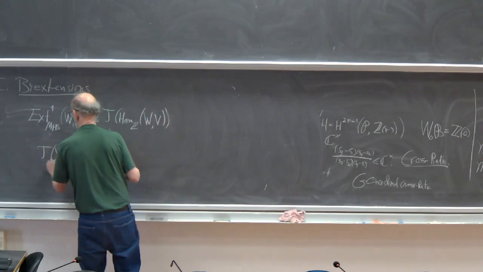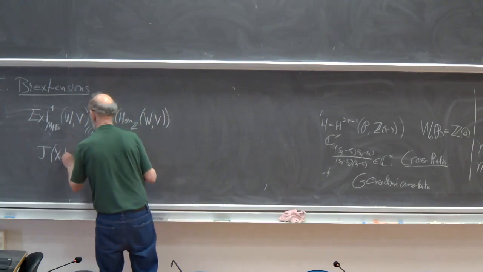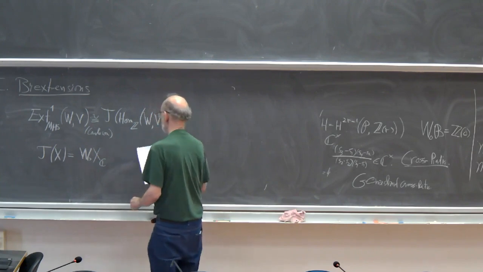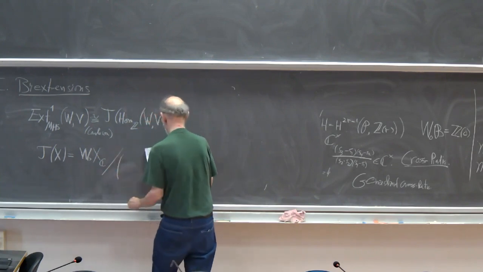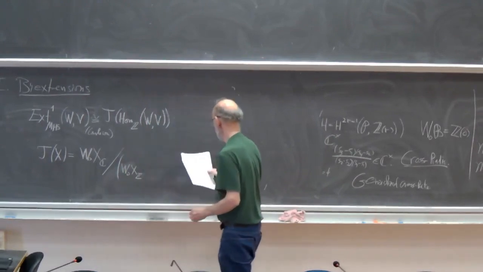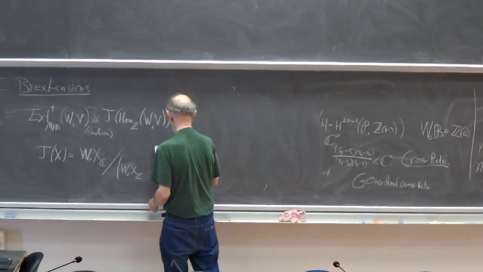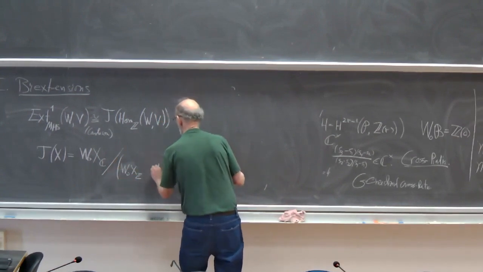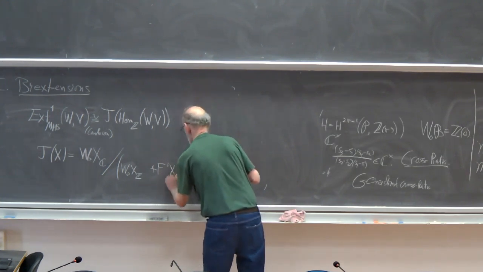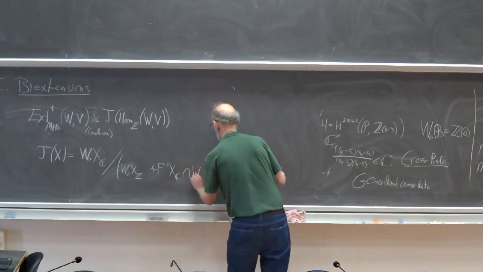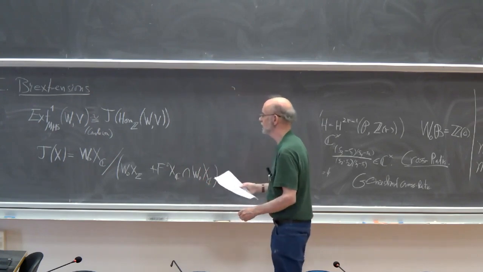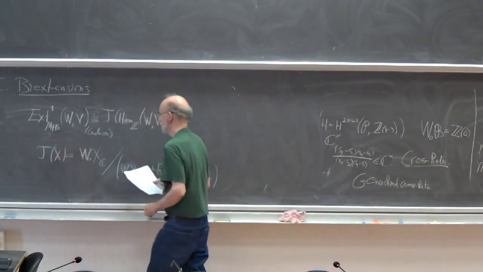Well, let's say Hodge structure X is, by definition, the zero weight part of the complex points of X divided by the zero weight part of the integral points of X, plus F0 of X_C intersect W0 of X_C. And this is a definition. Okay.